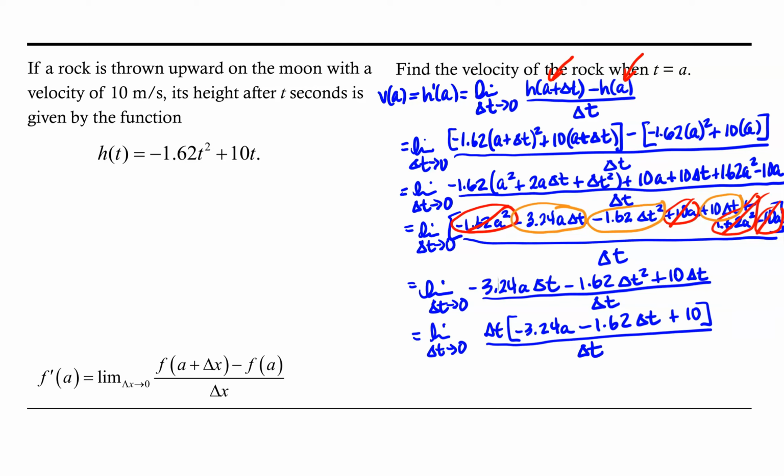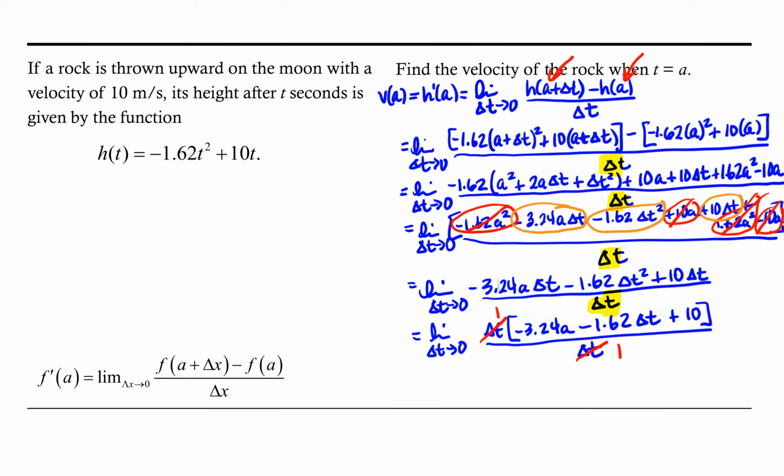And at this point, my delta t's will divide out. And we're actually at a point now where we can consider the behavior of this function as delta t goes to 0. As a reminder, we could not consider the behavior up until this point because we still had delta t in the denominator, and as delta t goes to 0, that means that denominator is 0.